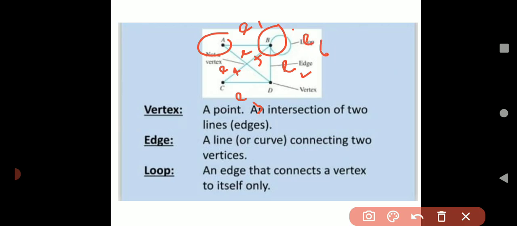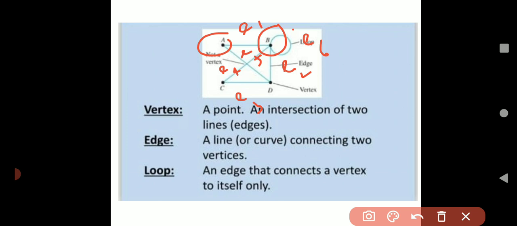So the points A and B are adjacent points. Since the points A and B have a line E1, A and B are adjacent points, and the point A and its line E1 are incident with each other, as well as E1 incident with B.